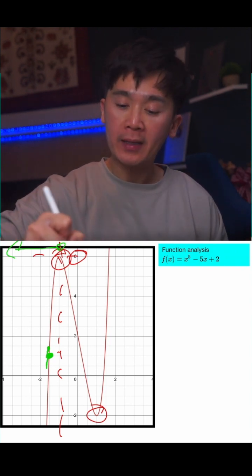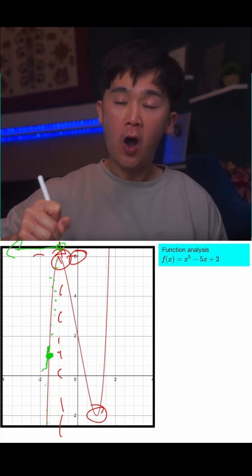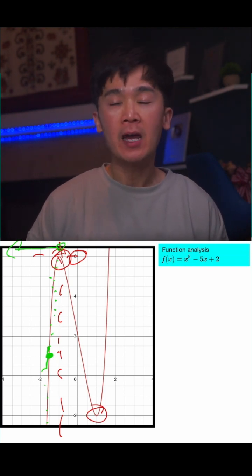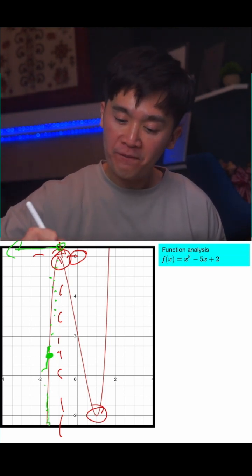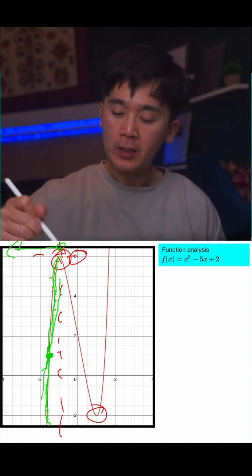If you pick any point in this interval, all the slopes of your tangent line will be positive. And when that happens, we know that this function is increasing in this interval.